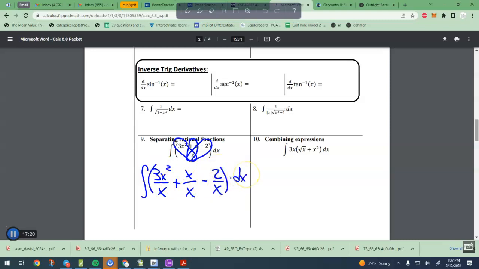I don't know if you remember, but we had a couple of these a few days ago. And when I got to here, I was like, oh yeah, we can't do this yet, because we hadn't learned that ln yet. But we can now. Some of you I remember did it. Well, this would be the integral of 3x plus 1 minus 2x to the negative 1.